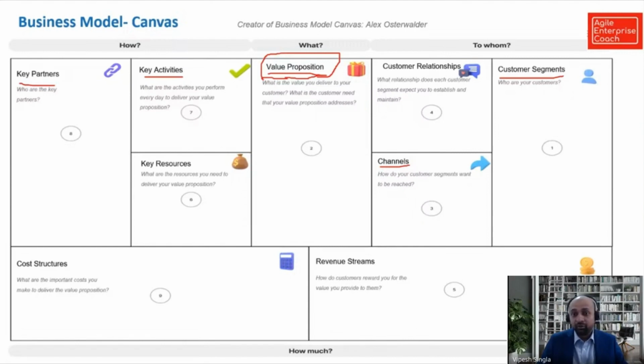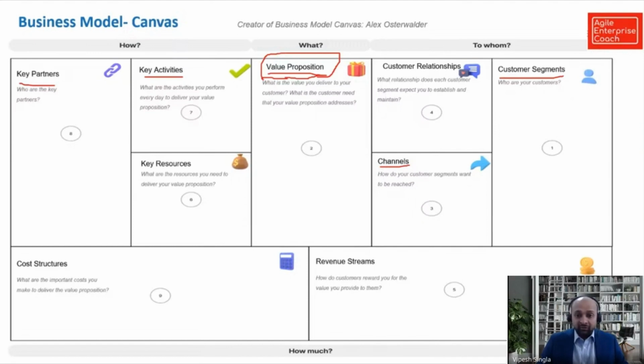Please remember that these channels can be different for a single product. You might use one channel for promoting, another for selling, and another for delivering, or you can have the same channel, based on the product you are designing.